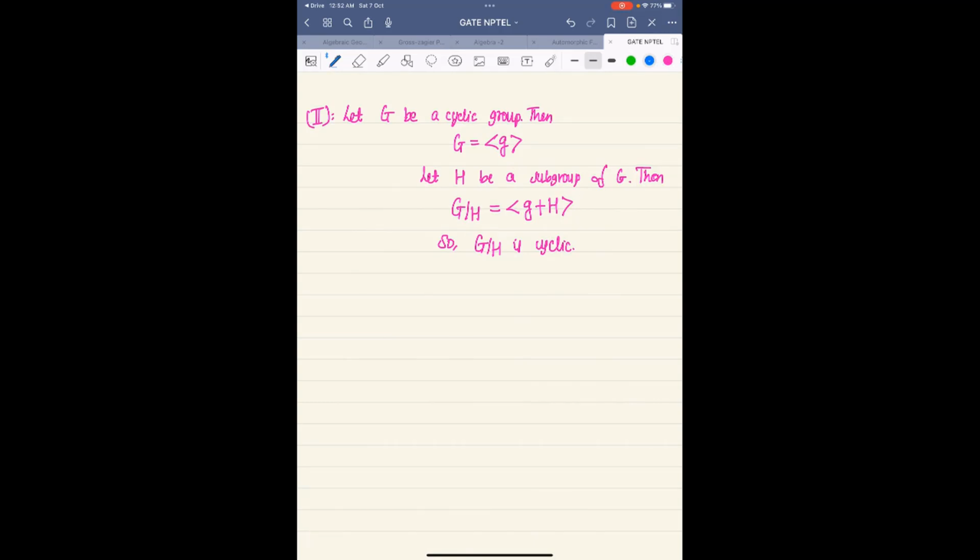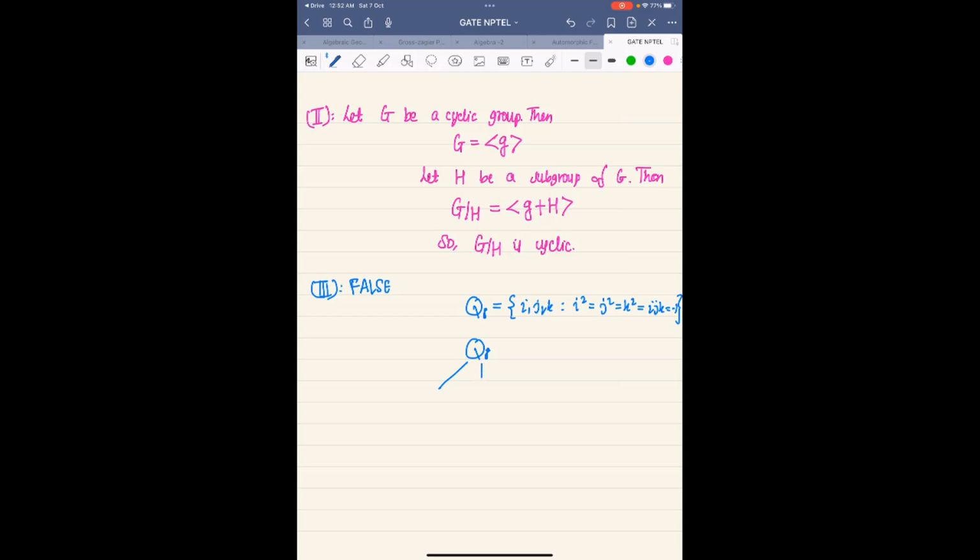Okay, so let me write, third statement is false. So the quaternion group Q8 is generated by i, j, k, and i, j, k satisfies the relation i square is equal to j square is equal to k square is equal to ijk is equal to -1. Okay, this is the quaternion group, and it has the following lattice of subgroups.